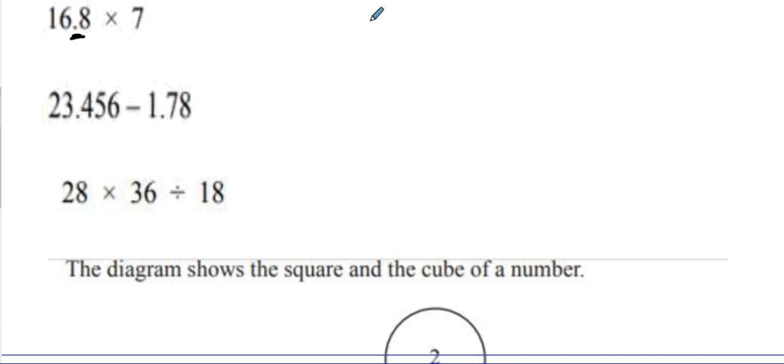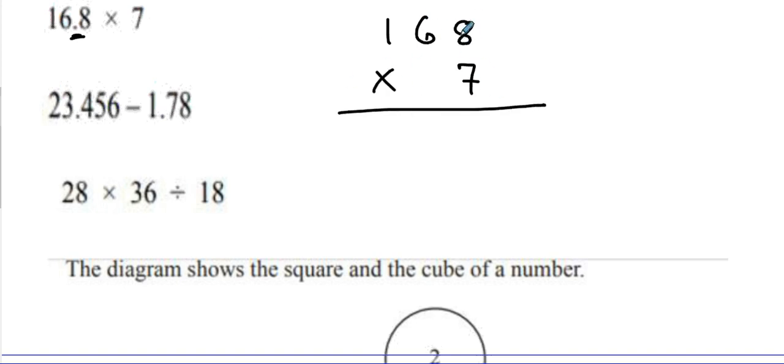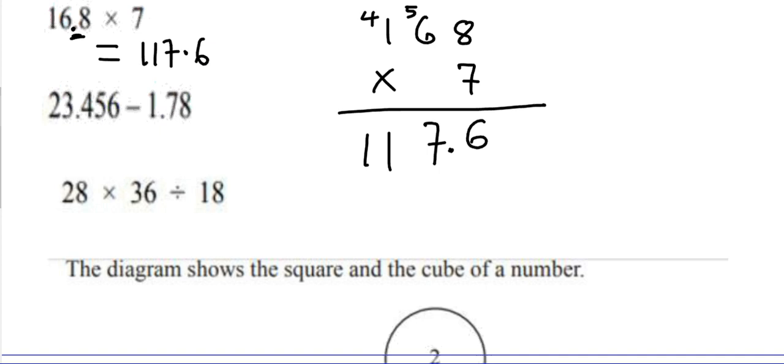This becomes 168 multiplied by 7. 7 times 8 is 56. 7 times 6 is 42, add 5, 47. Carry 4. 7 times 1 is 7. Add 4, that is 11. We have one decimal place over here, so count one number from the right, and that will be your answer. This will be equal to 117.6. You can check that using a calculator.